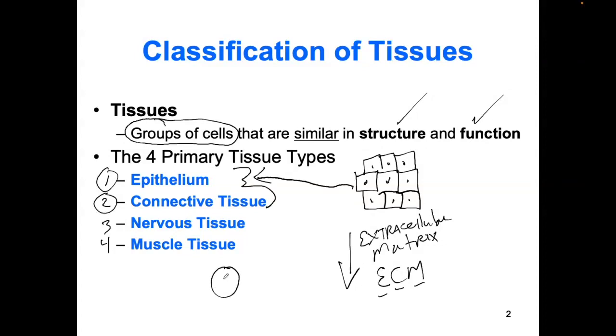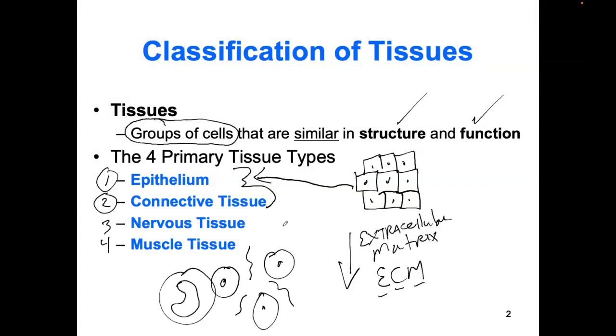But if we have cells that are not so close together, with some protein fibers and another cell with a different type of nucleus, and then another, when we see cells that are far apart from one another with more extracellular matrix, now we're talking about connective tissue.